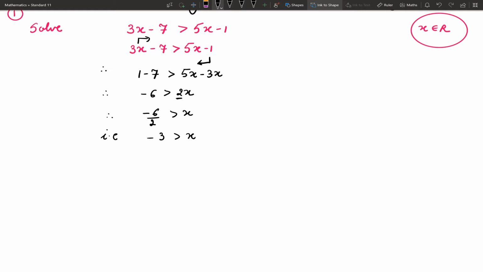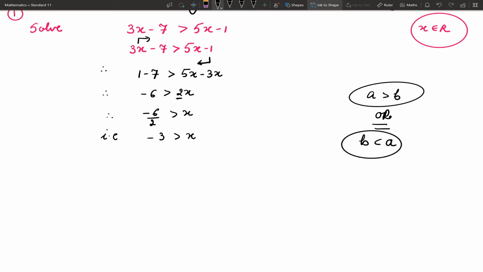Now note that if we write a greater than b, at the same time we can say that b is less than a; it is one and the same. Since x is the variable, we have to get values for x.